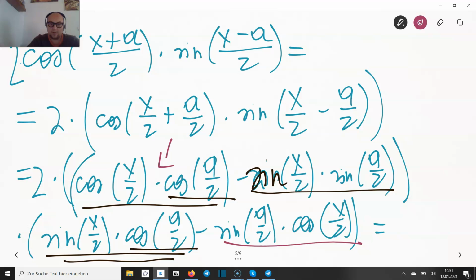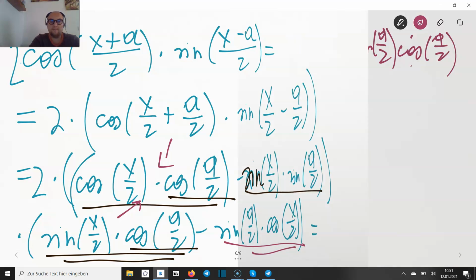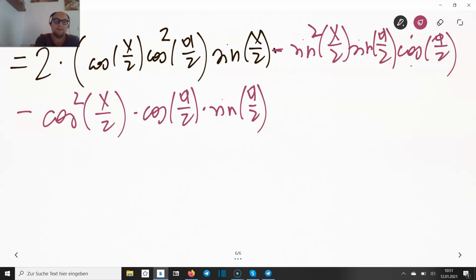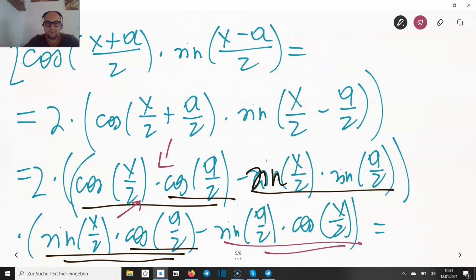And the last one is a multiplication of this one times that one, and we have cosine squared. Am I doing correctly? No, my bad. I have to multiply this one times that one, right?